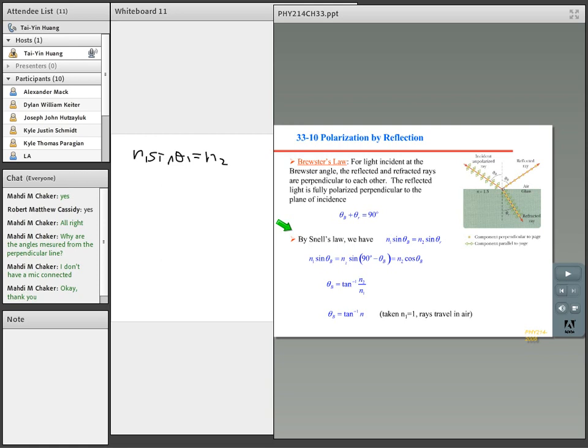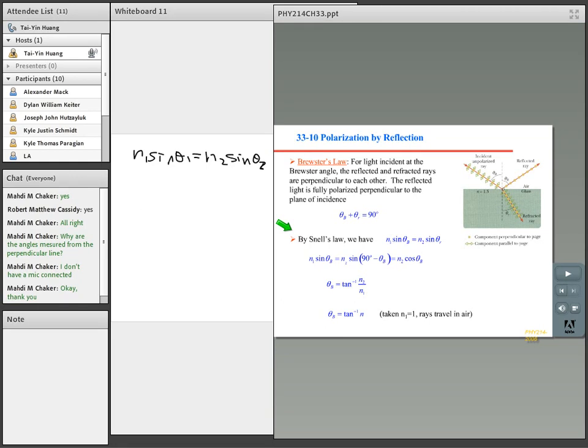If n1 and n2 are exactly the same, from this equation we know that theta 1 and theta 2 have to be equal to each other. What does that mean? It means that the light ray will not be deviated. It will just go straight through the second material without deviation.